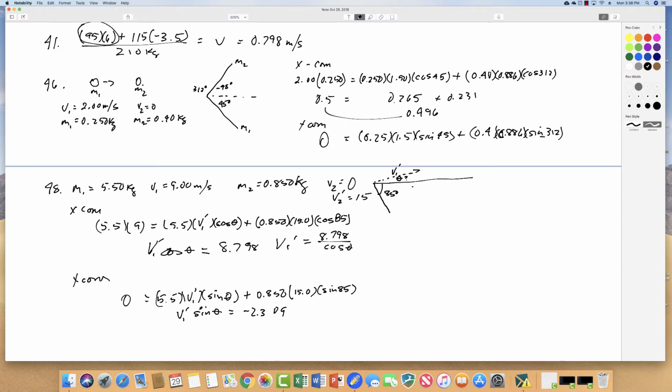You can change this around and say v1 prime is equal to minus 2.309 over the sine of theta. So let's put this in up here. So you have minus 2.309 sine theta is equal to 8.798 for the cosine of theta.